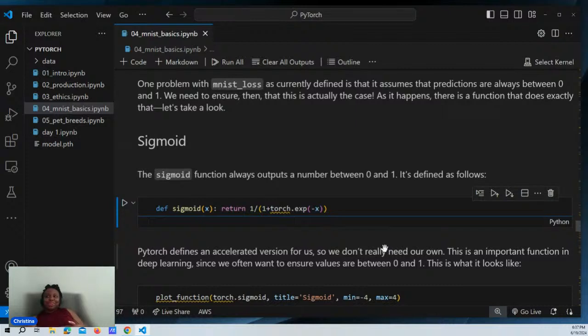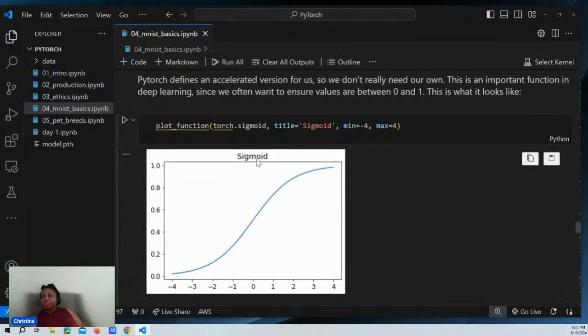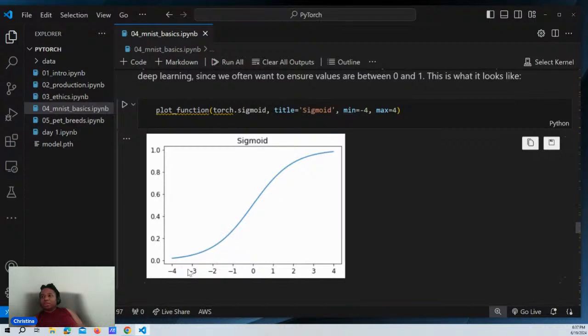Imagine having to do this by hand 7, 8 years ago. Torture. But it puts everything between 0 and 1 for you, and there's a min max of this function just to graph it.